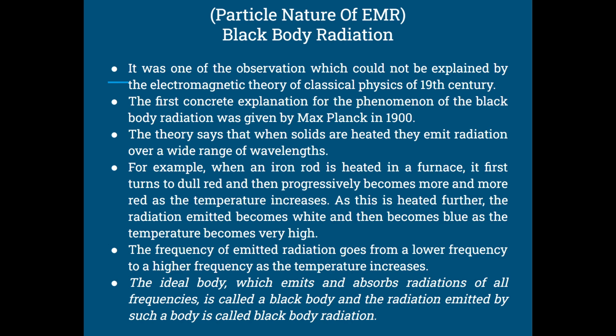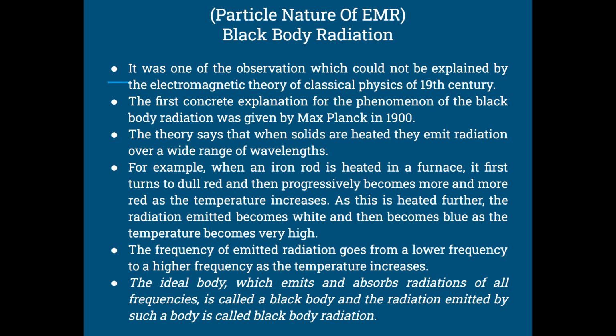Let's see. Here's a very good example of iron. When iron is heated, it turns first red. As it is heated more and the temperature increases, it turns white and then blue. We all know that red has a very high wavelength. Now when it goes from red to white and then to blue, this shows that the wavelength is decreasing, and decreasing wavelength means frequency is increasing.